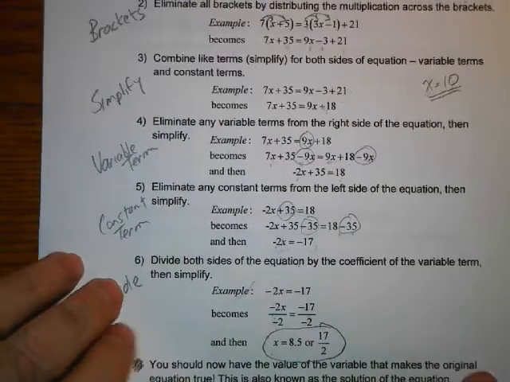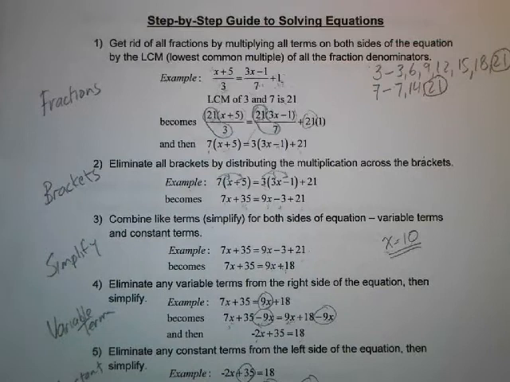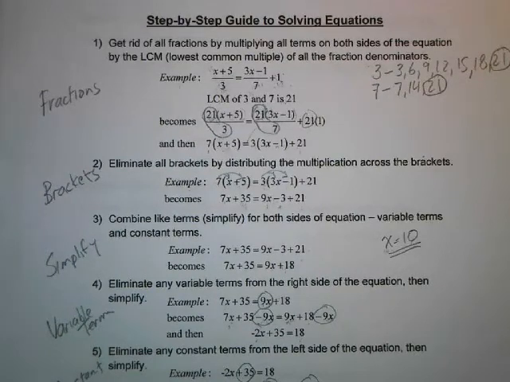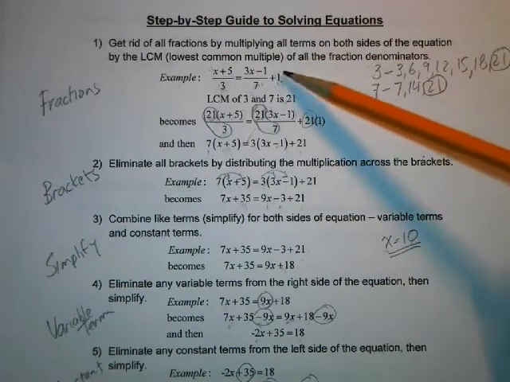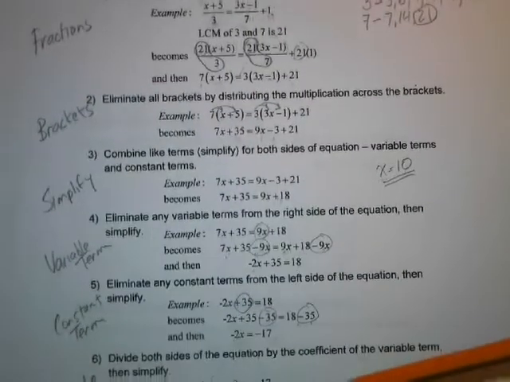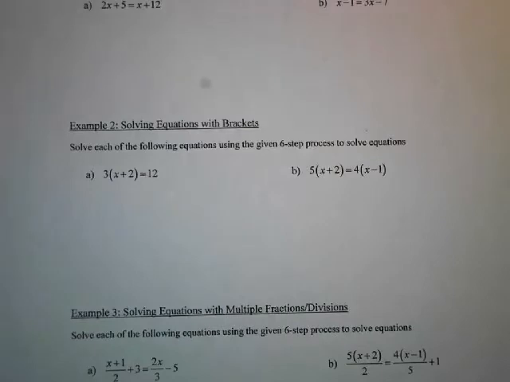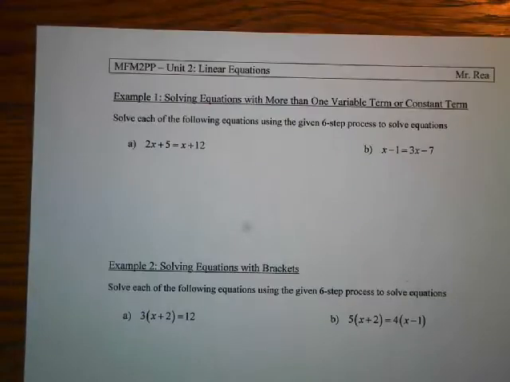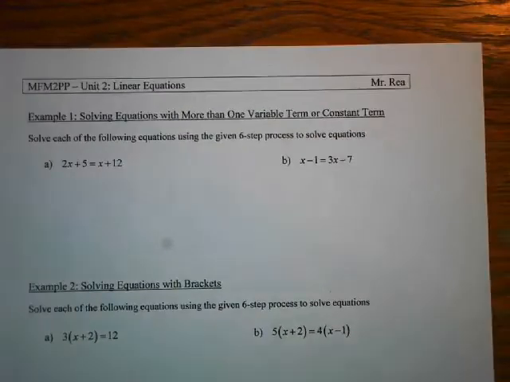Okay, so I know that seems a little complicated, but remember I picked this equation on purpose because I knew it would have all 6 steps to it. Okay, so I'm going to practice a few of these. So on the next page I've got 6 examples.